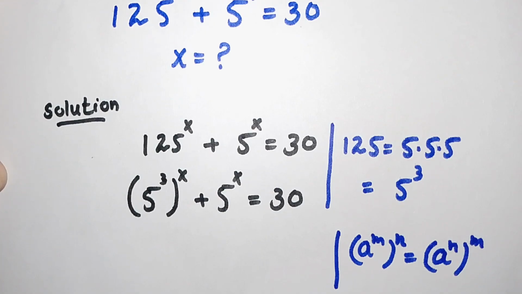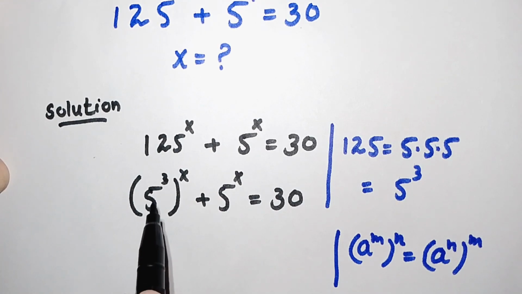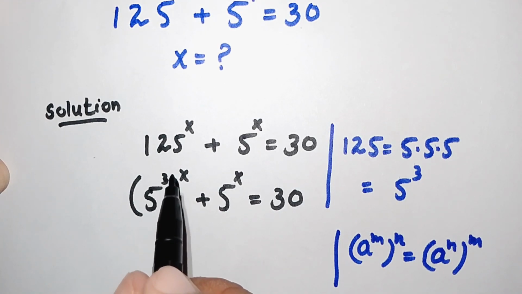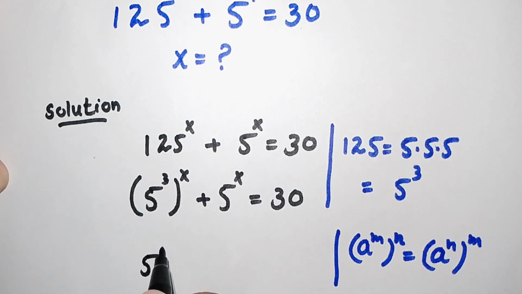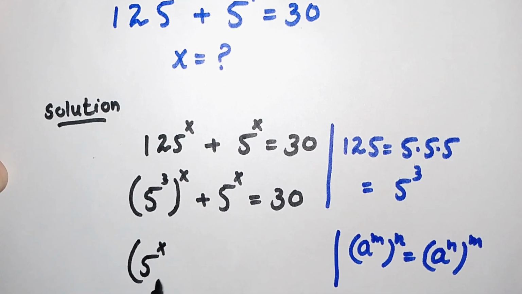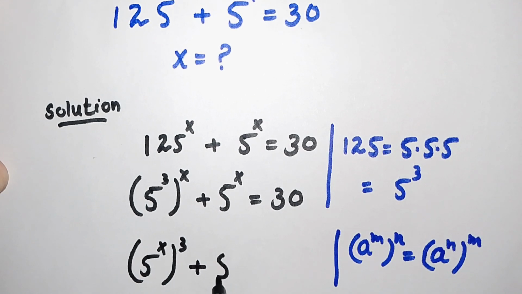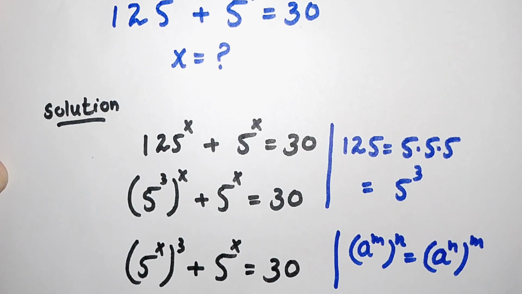So here, to apply this condition, this will become 5 to the power of x to the whole power of 3 plus 5 to the power of x, which is equal to 30.